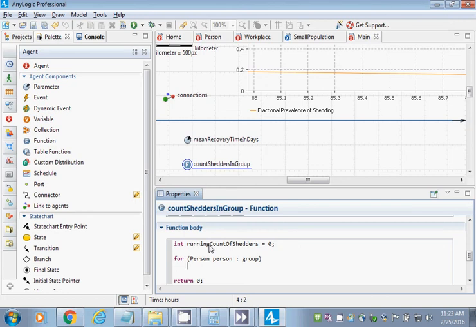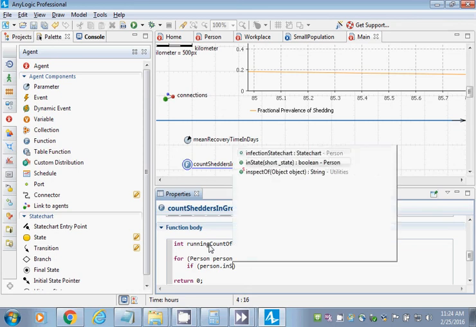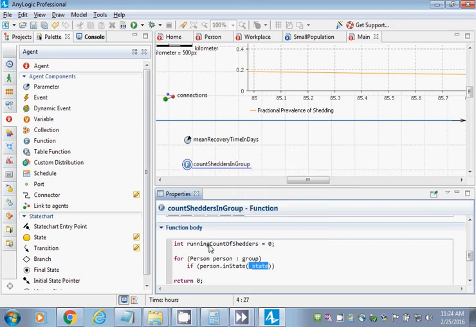I don't think it's just going to allow us to say shedding by itself, because it will say, well, which one? You need person dot shedding, shedding with respect to person. Do you remember where we've seen that before? Within the past hour, in the statistics. We did the same basic thing. If this is the case, then what do we need to do? If they're a shedder, what do we need to do with this running count?